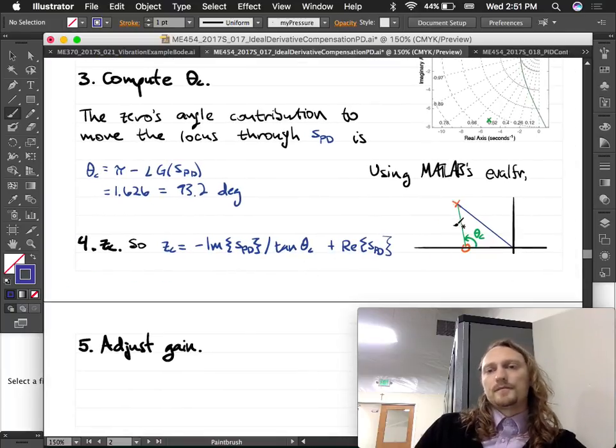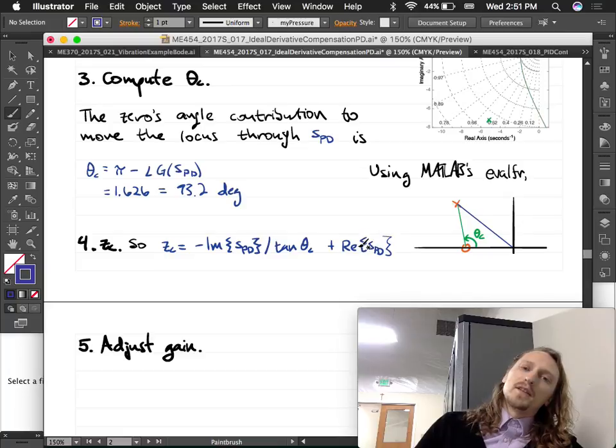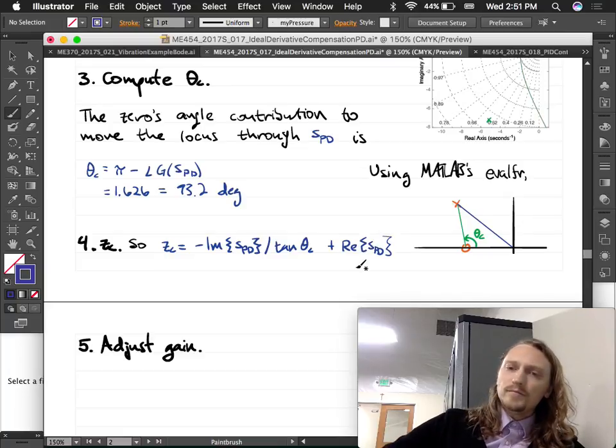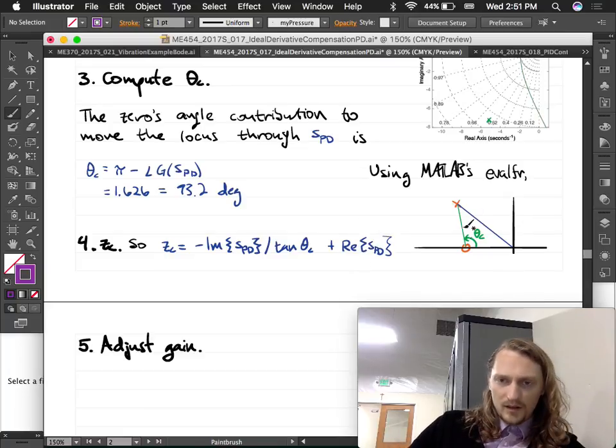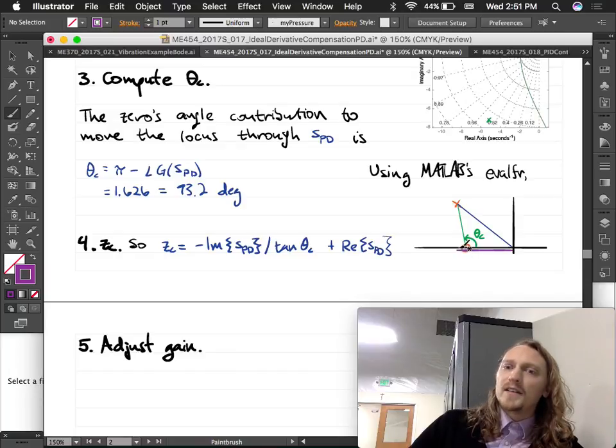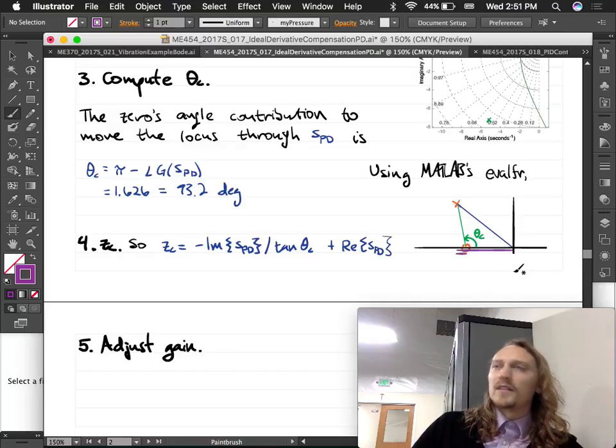The way that I'm thinking about this is notice that the real part of SPD is like this whole length. So we need that whole length minus whatever this part is, right?